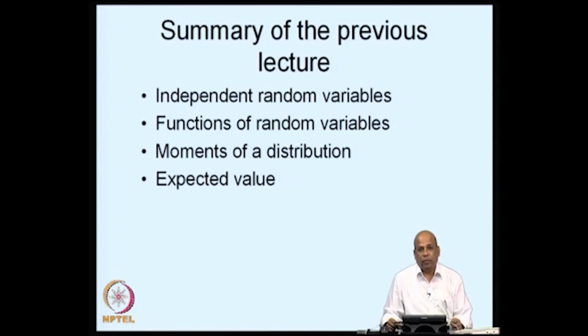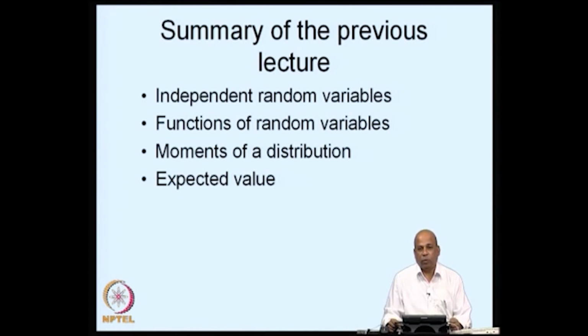Then we considered functions of random variables. So, initially we introduced functions of a single random variable. Let us say y is equal to h of x is a function of a single random variable x. Then we introduced how to estimate the PDF of y given the PDF of x.